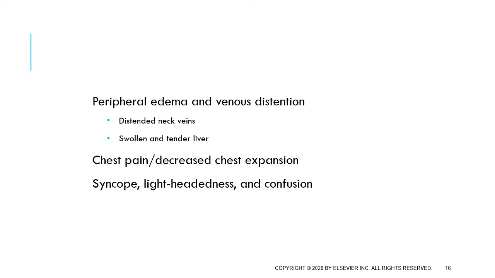Peripheral edema and neck vein distension may also be present, with distended neck veins, swollen and tender liver, ankle and feet swelling, and pitting edema. Chest pain and decreased chest expansion as well.